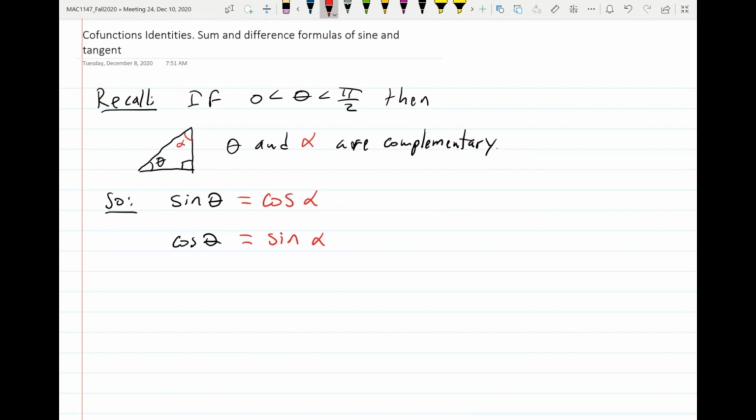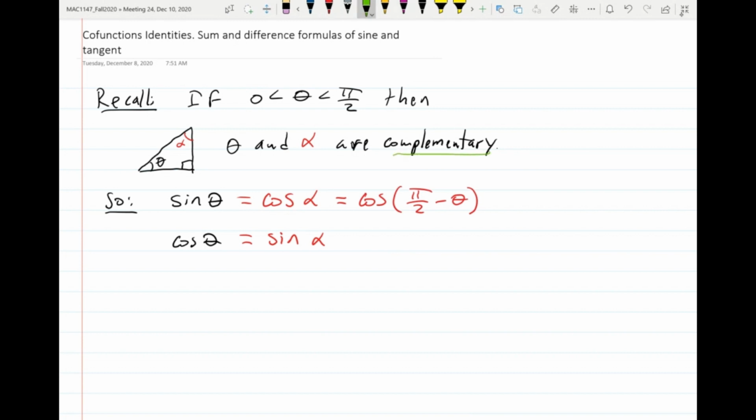Okay, now I want you to realize that in the complementary case, alpha is complementary to theta. So what does that mean? It actually means that we can write alpha as pi over 2 minus theta, right? So in this case in particular, this alpha is the same thing as pi over 2 minus theta. You remember they are complementary, meaning that their sum is 90 degrees.